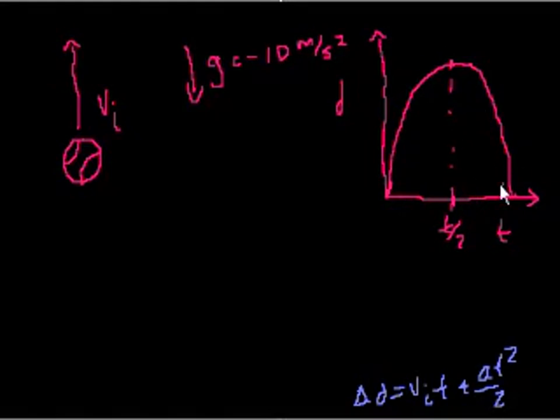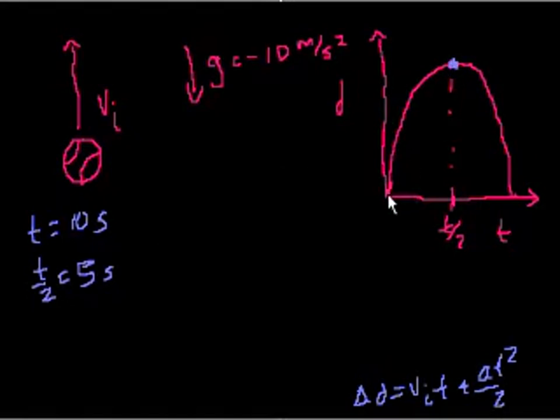So I think that might make a little sense to you. What we could figure out is, if we're given a t, half of that number is the time at the top. Let's say that t equals 10 seconds. So we know that in 10 seconds the ball left my hand, went up some distance, and then came back down and hit the ground. What we also know is that at t over 2, at 5 seconds, the ball was essentially stationary for just a moment.